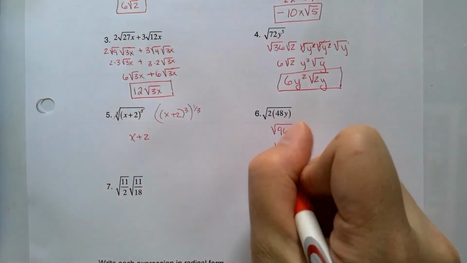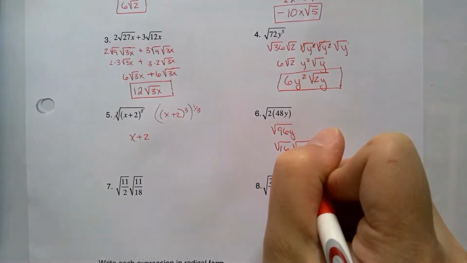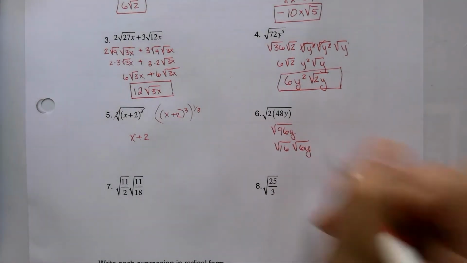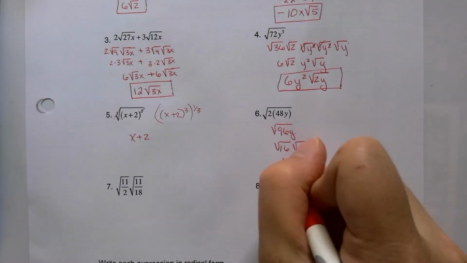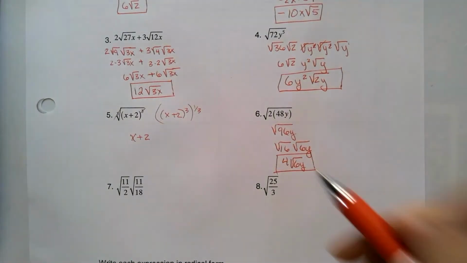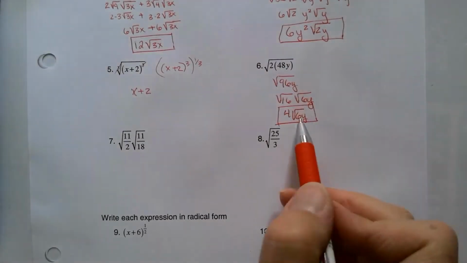So that would be the square root of 16 and the square root of 6. Okay? And keep the y since it can't break down. And the square root of 16 is 4. Keep the square root of 6y. So I always want to find the biggest perfect square and make sure there's nothing else I can break down.